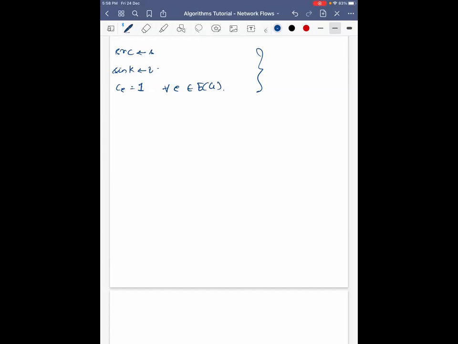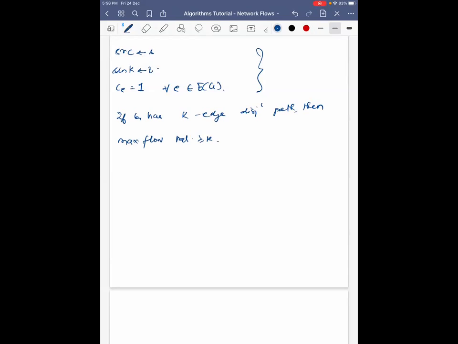Therefore, if G has k edge disjoint paths, then the max flow value is at least k.